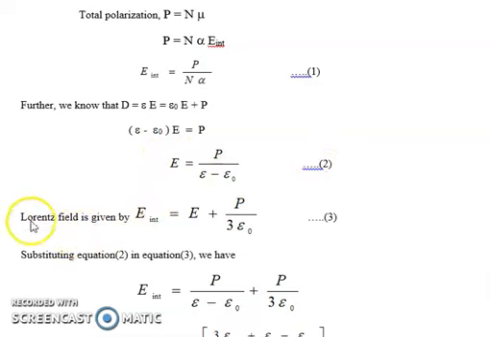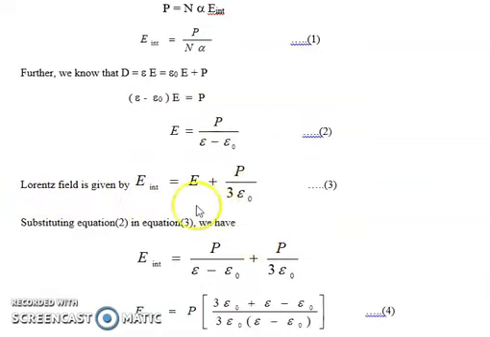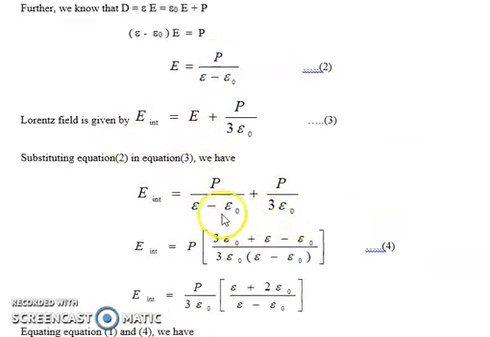Just now we have derived the Lorentz field or local field or internal field: E int is E plus P by 3 epsilon naught. Now instead of E, I am going to substitute equation 2. So E int is equal to P by epsilon minus epsilon naught plus P by 3 epsilon naught. Let me take P outside, since P is common for both the terms. So we will have 1 by epsilon minus epsilon naught plus 1 by 3 epsilon naught.